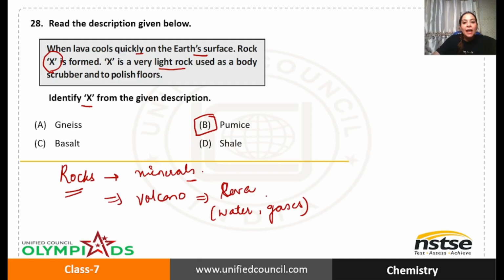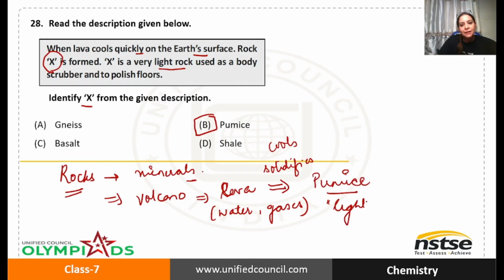And then when this lava cools down, it solidifies and forms a rock which is called pumice rock. This rock is light in weight, and that is the reason it is used as a body scrubber and also to polish floors. So option B is the right answer.